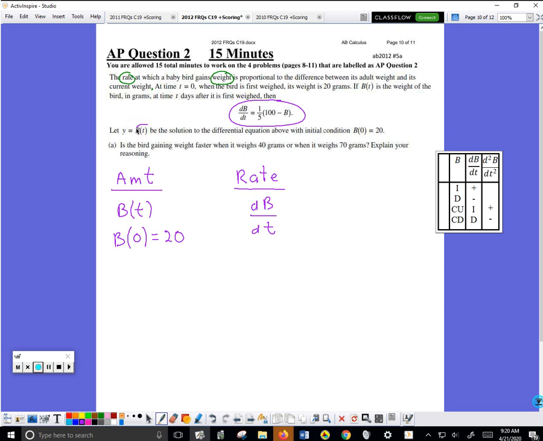B of t is the solution to the differential equation with this initial condition. That makes sense. If I have this differential equation and I want to find the solution to the differential equation, I'm going to find this, and that would be using the SASE method. Now they haven't asked us to find anything like that yet, but that's what this all means.